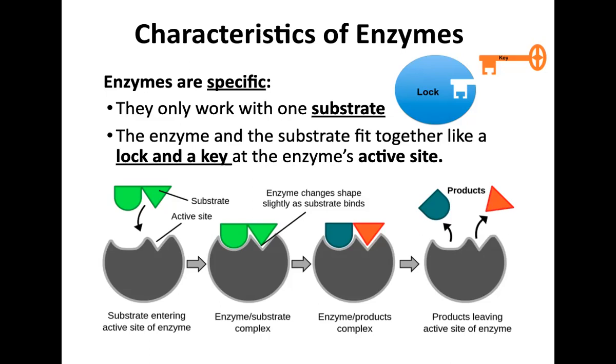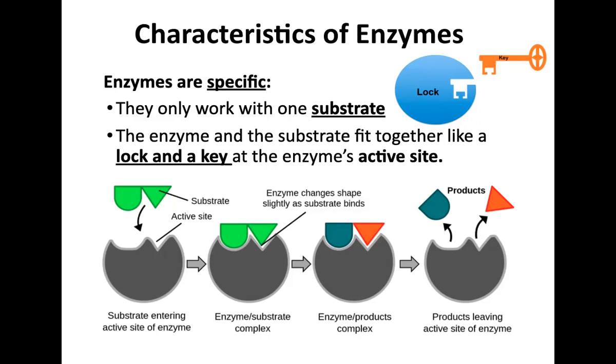No. If I put the 305 key in the 305 door, am I getting in? Yes. So enzymes are specific. They work with one substrate, like a lock and a key.